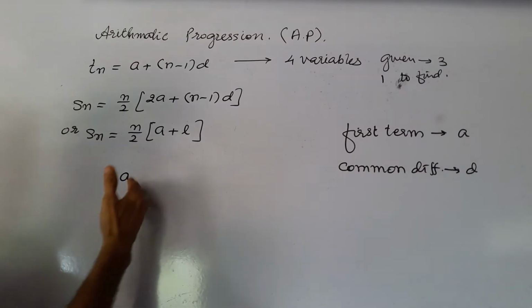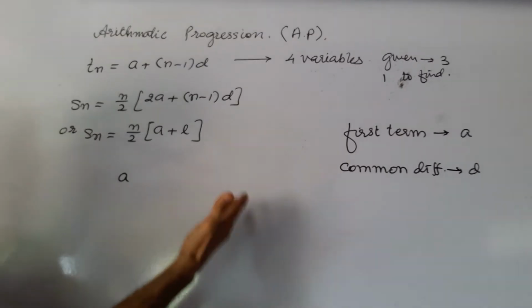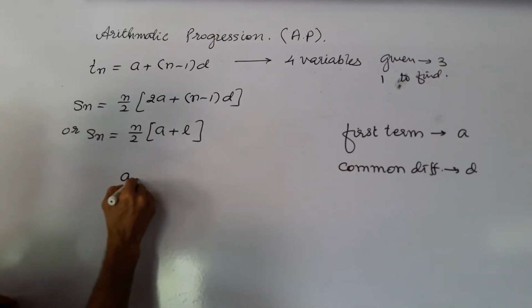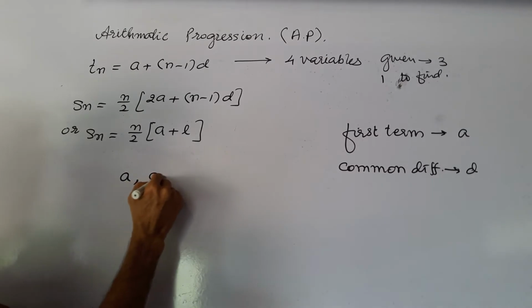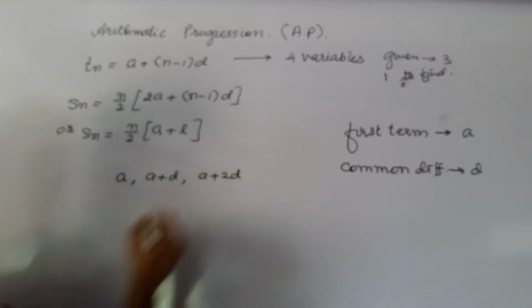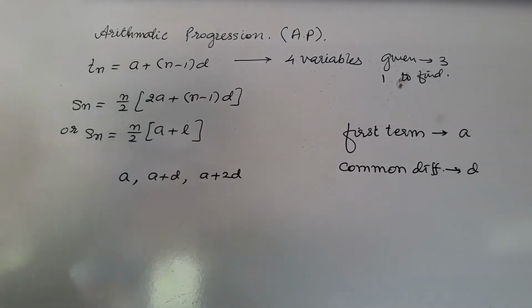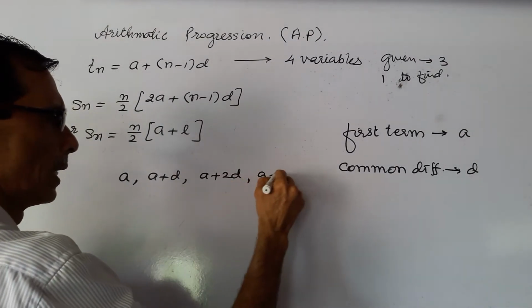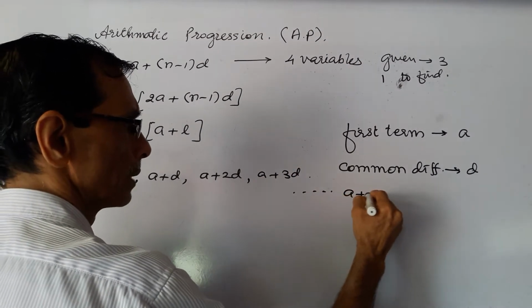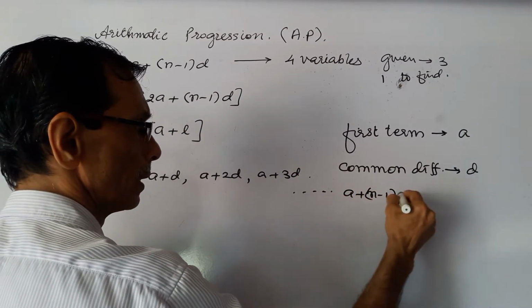So you'll find that every next term is greater than the previous one by D. So if the first term is A, then the next term is A plus D. After that, A plus 2D, because again it increases by 1D. Next, A plus 3D. And in this way, you find A plus (N minus 1)D.